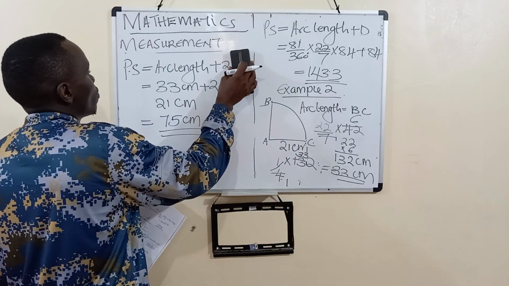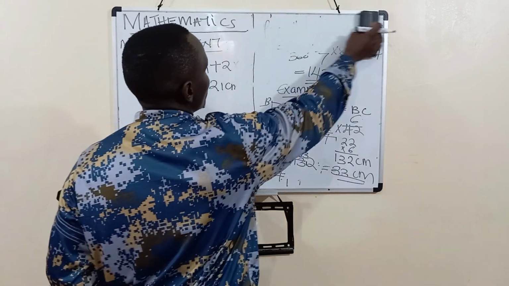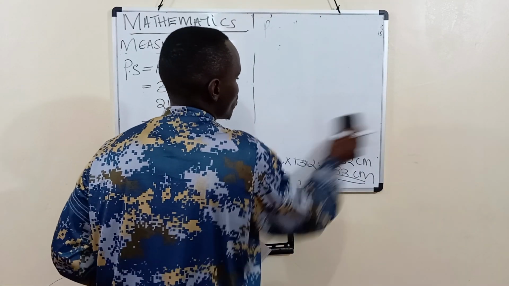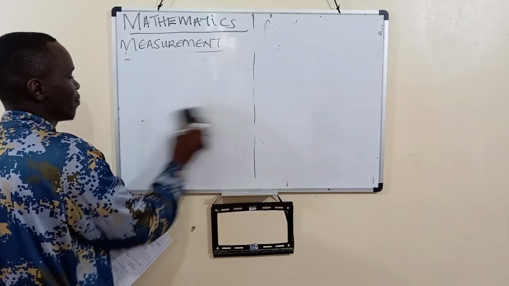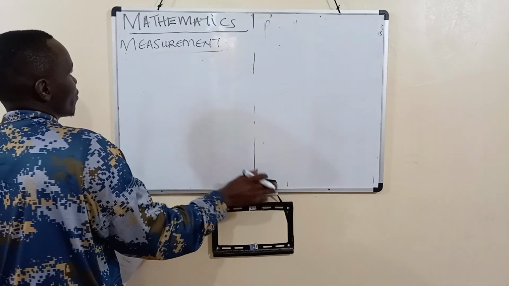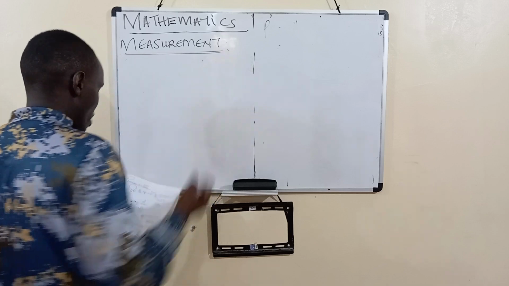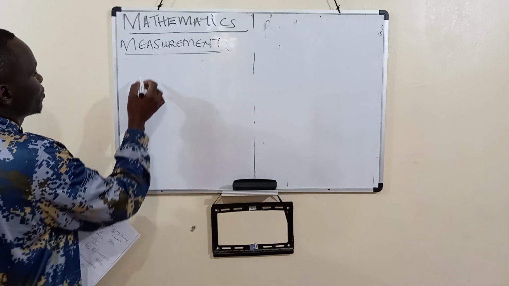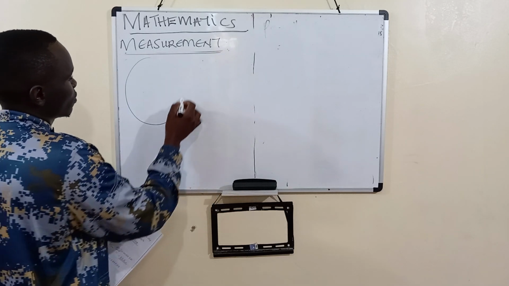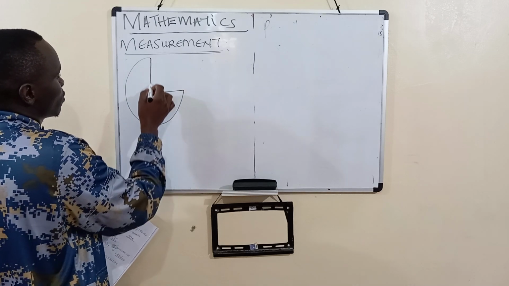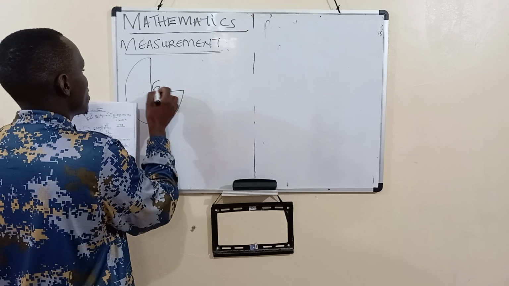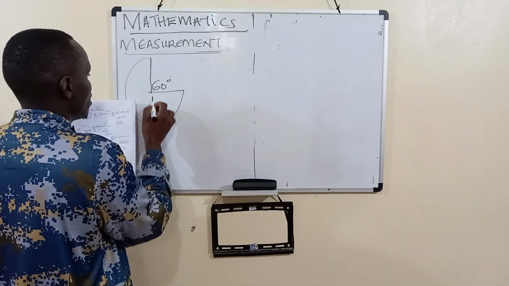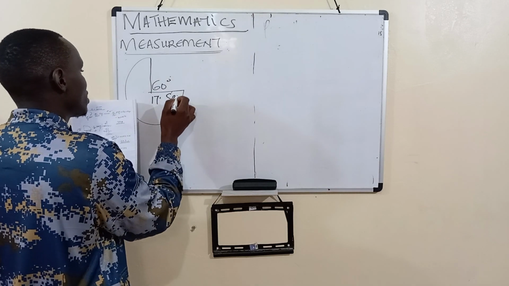Let's do example 3 here. Example 3 is given by, this one is standing at 60 degrees, and the radius is 17.5 centimeters.